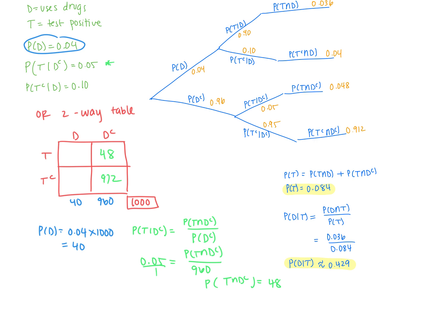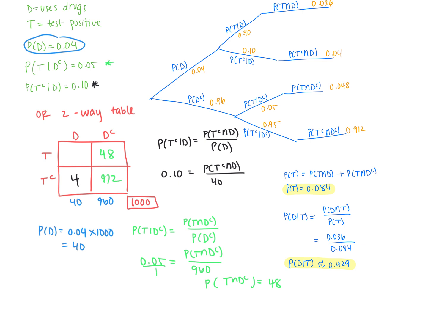So now I'm going to have to take a look at that last probability that I haven't used yet, which is this one. So the probability of T complement given D, so that's going to be T complement and D over D. So I get 0.1 is equal to the probability of T complement and D over the probability of D. And then we know in our table there are 40 drug users, which means in the T complement and D, there's 4 people here.